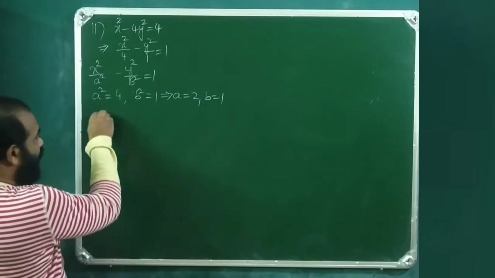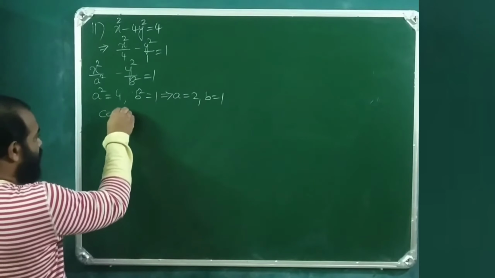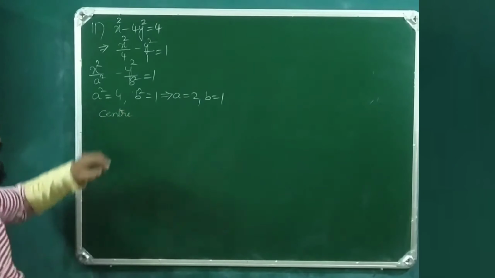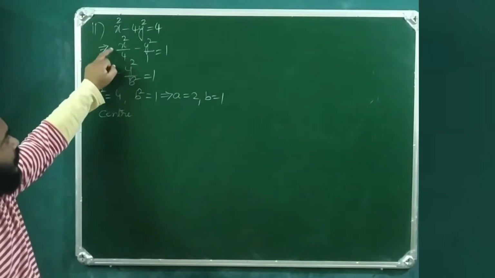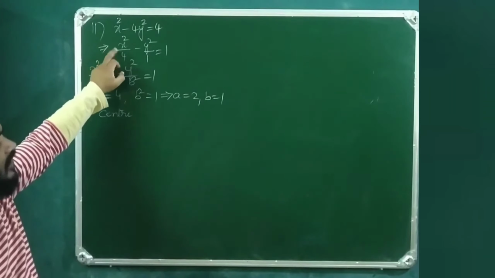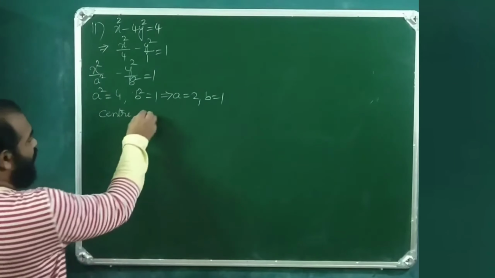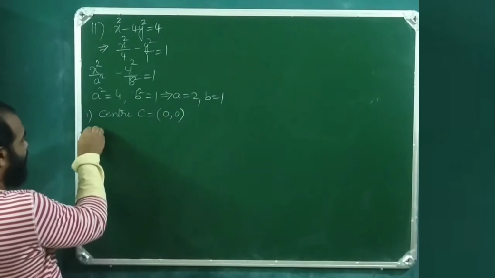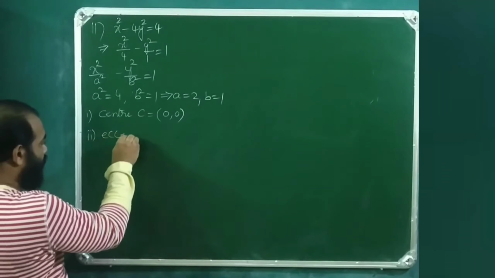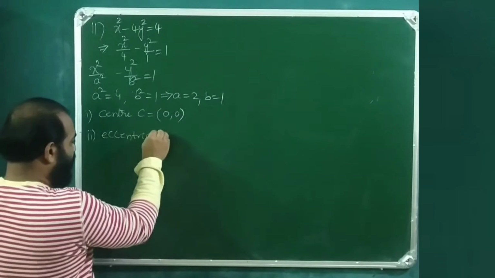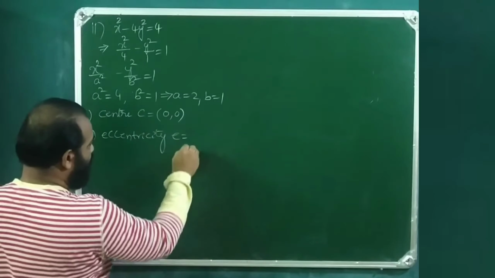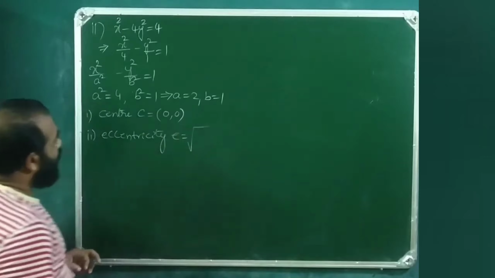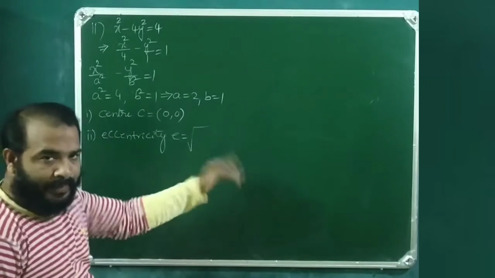So the center for this is, since it is a hyperbola whose center is at the origin, center C is equal to (0, 0). Eccentricity e is equal to the square root of bigger square plus smaller square by bigger square.